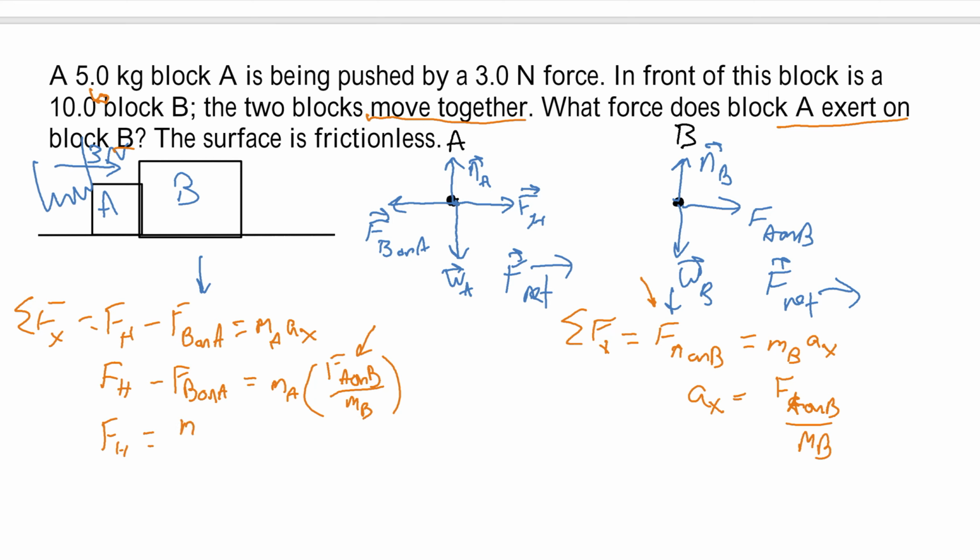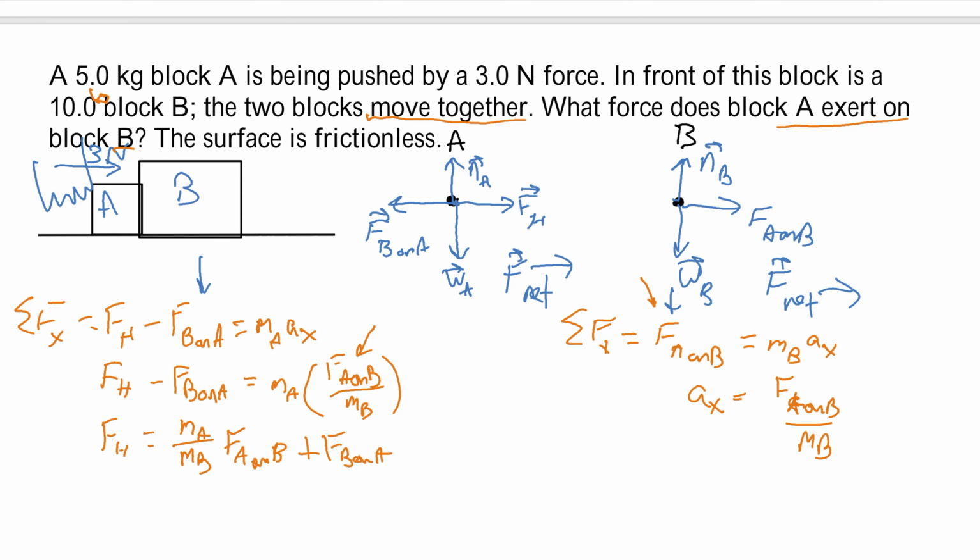I'm going to write this as M_A over M_B times, off to the side, FA on B. Hopefully you see that that's a totally legal thing to do. And then I added FB on A to both sides, so plus FB on A.